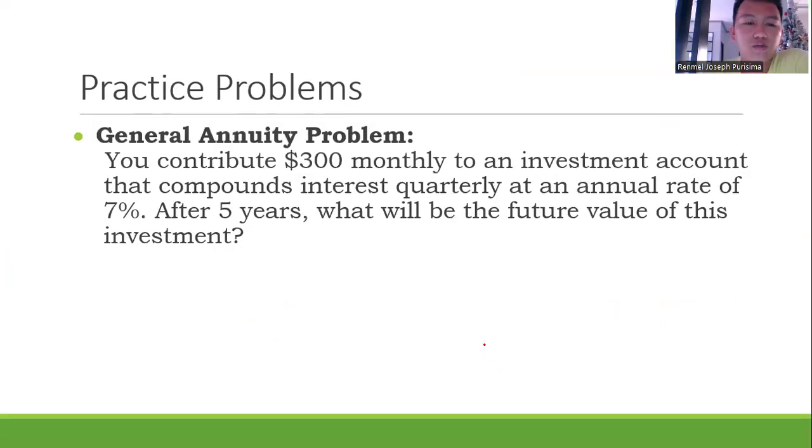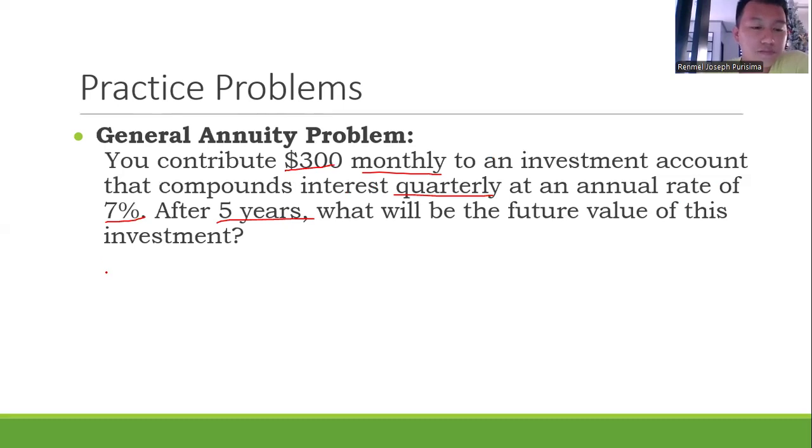Next, for general annuity, let's read the problem. You contribute $300 monthly to an investment account that compounds interest quarterly. At an annual rate of 7%, after 5 years, what will be the future value of this investment? You are paying $300 every month, however the compounding period is every quarter.